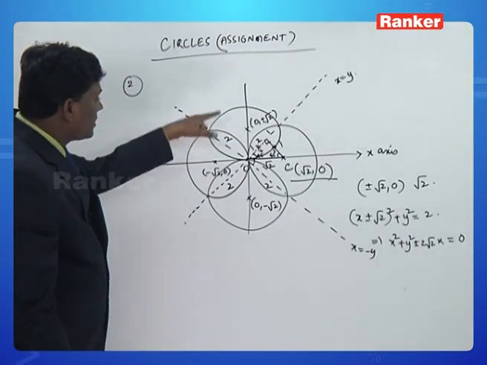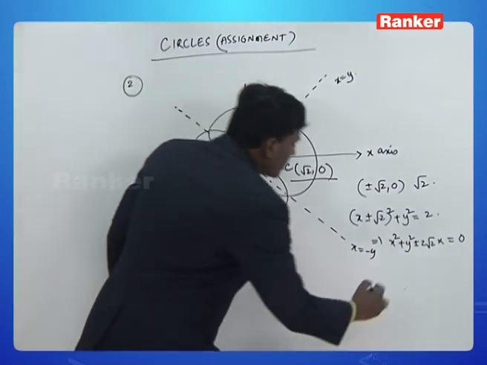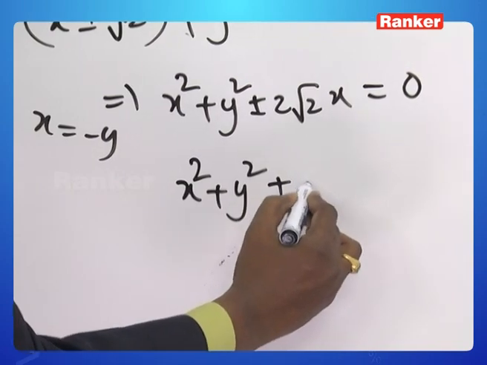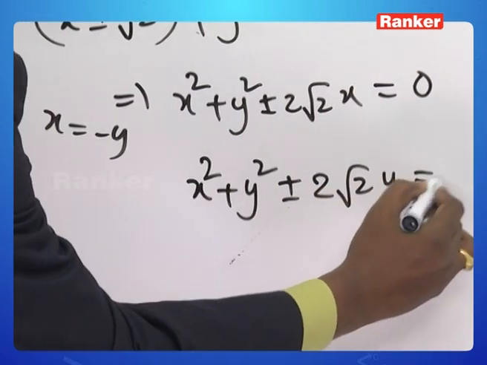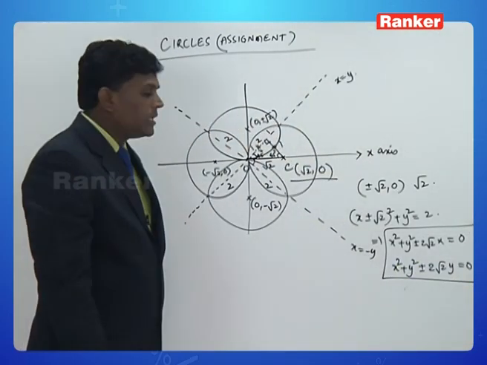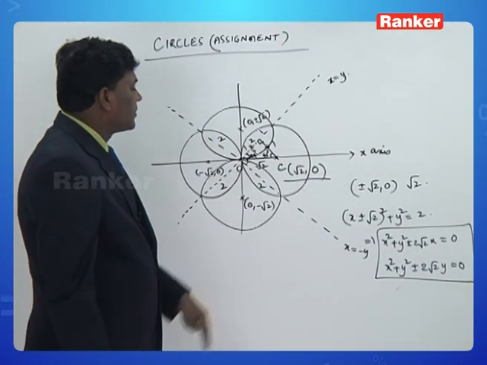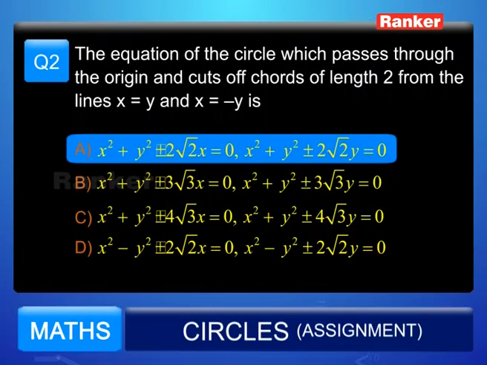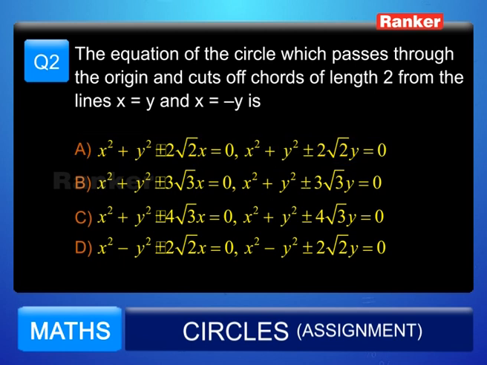In a very similar way, the other two circles can be obtained as x squared plus y squared plus or minus 2 root 2 y equals 0. These are the required circle equations satisfying the given condition. So, according to the given options, the right answer is option A.